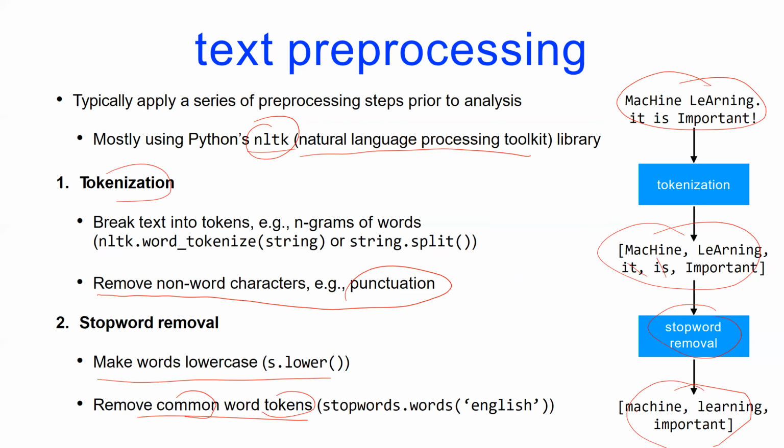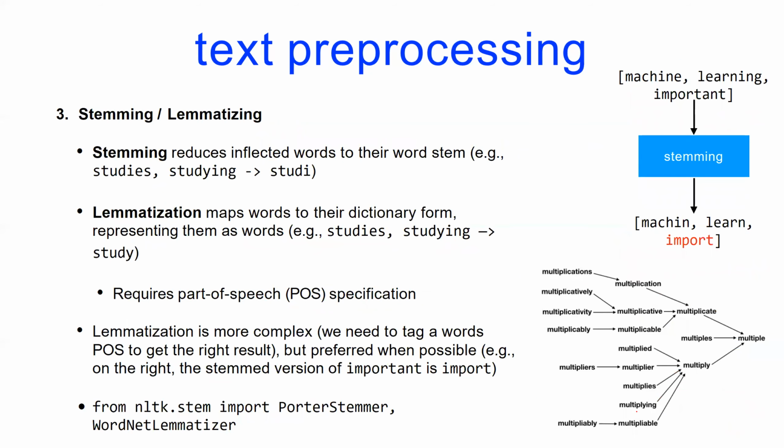After that, there's a very important step. As we know in English, different forms of a word probably mean the same thing. For example, study, studies, studying: you have different forms of the same word. How do we deal with that?